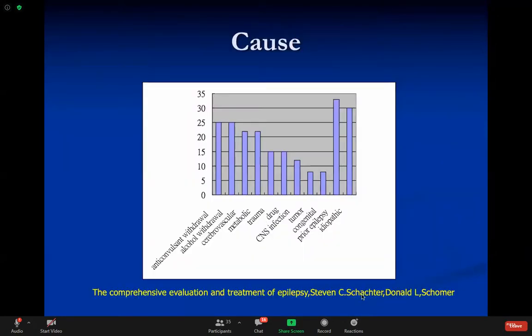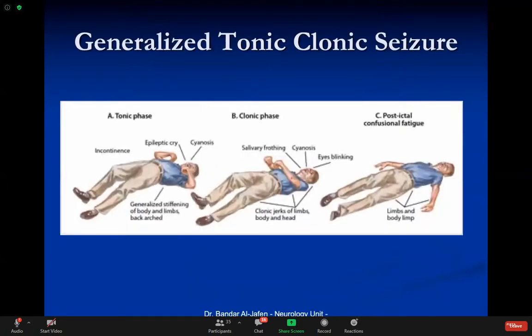So here's looking at the causes of status. A lot of times, as I mentioned, it's medication non-compliance, anticonvulsant withdrawal, alcohol withdrawal, cerebrovascular, metabolic, trauma, drugs, sinus infection, tumor, congenital, previous epilepsy, and idiopathic. We talked about generalized tonic-clonic, and we saw some videos.